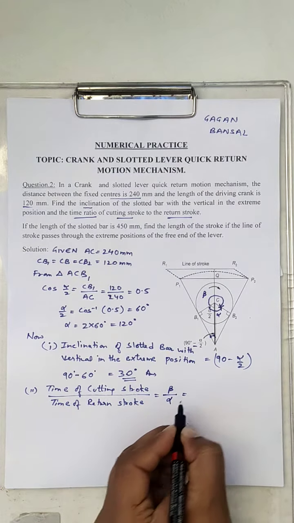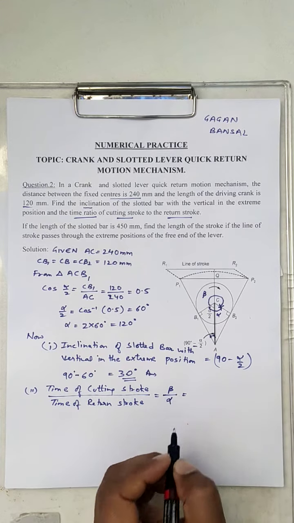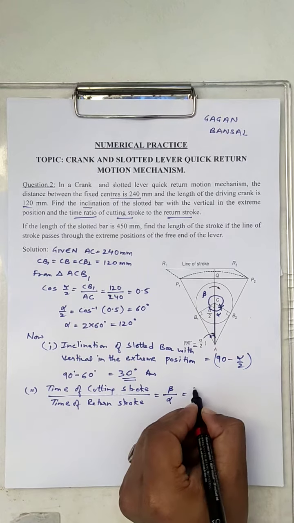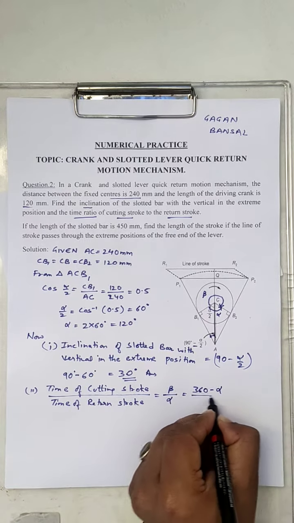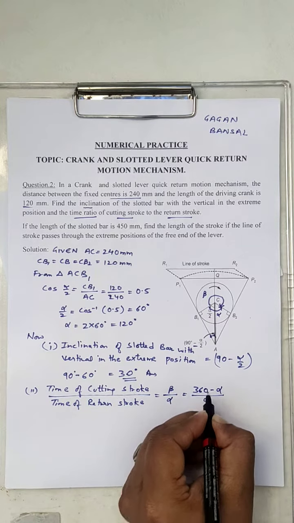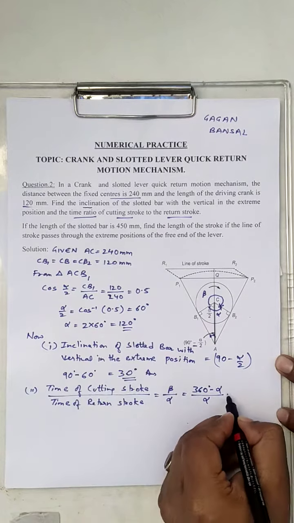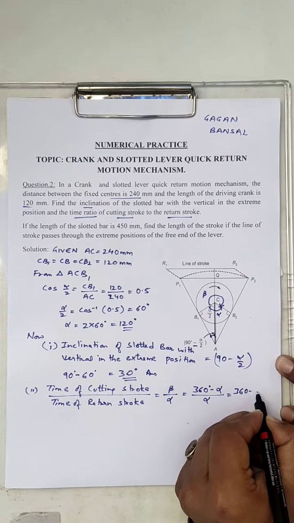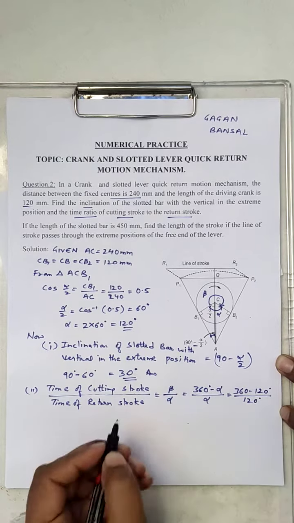Also we know that beta plus alpha is 360 degree. So in place of beta we can write 360 degree minus alpha upon alpha. So alpha is calculated, that is 120. So it will be 360 degree minus 120 degree upon 120 degree.